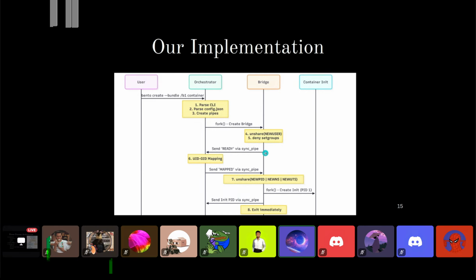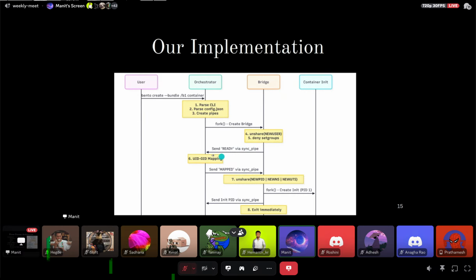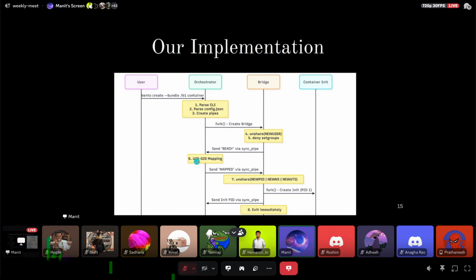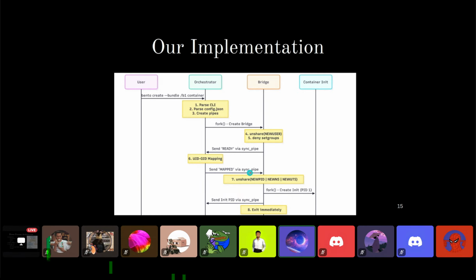Once that is done, it sends the ready signal to the orchestrator, which then handles the UID GID mapping with the kernel. Once that is done successfully, it sends back the map signal via the sync pipe, and the bridge is ready. The bridge is basically mapped to root within the bridge process, but on the host system it is mapped to a normal user.